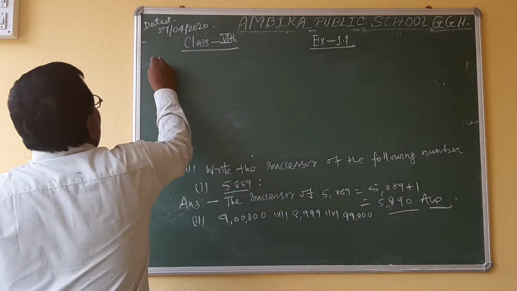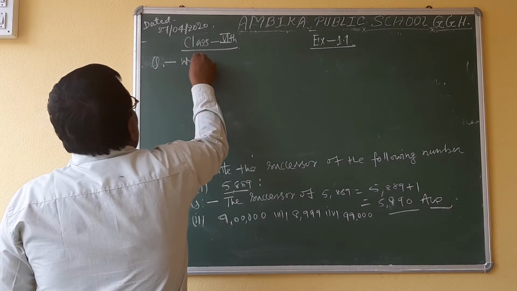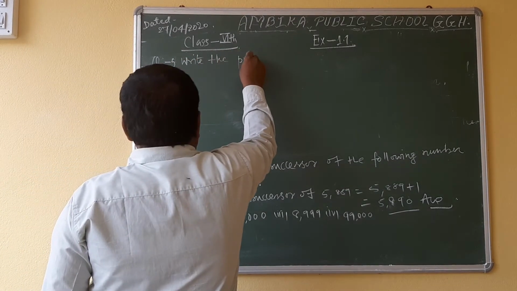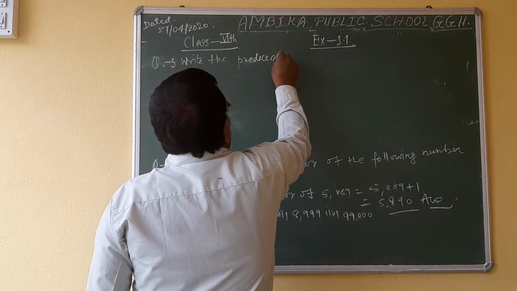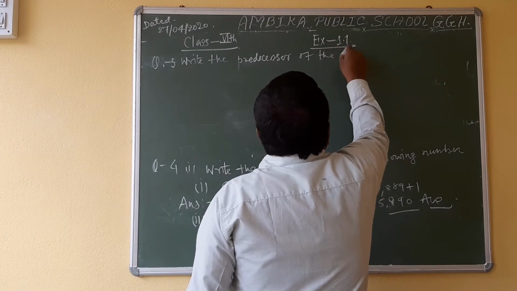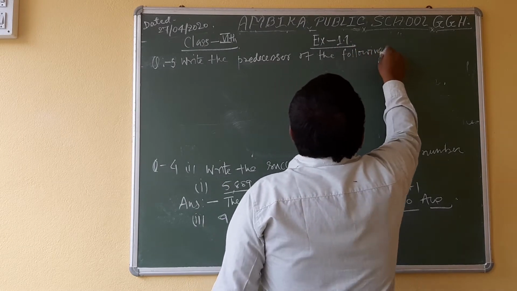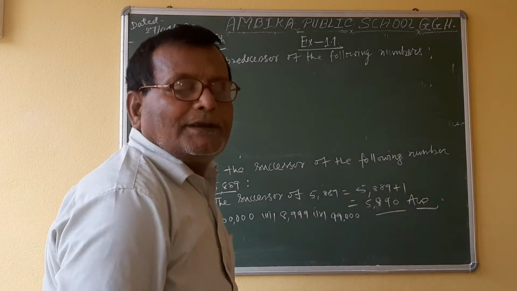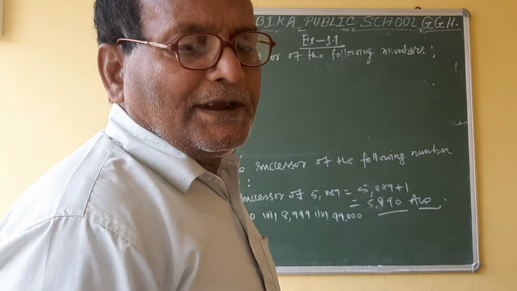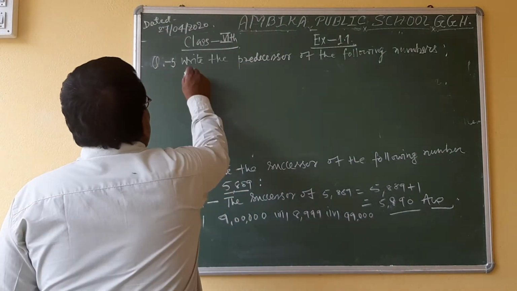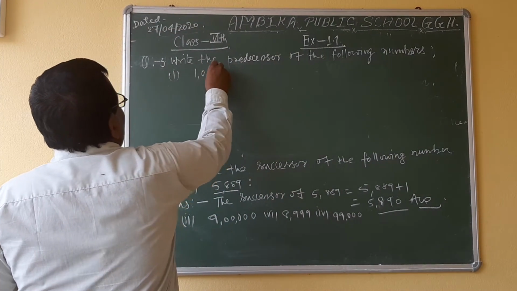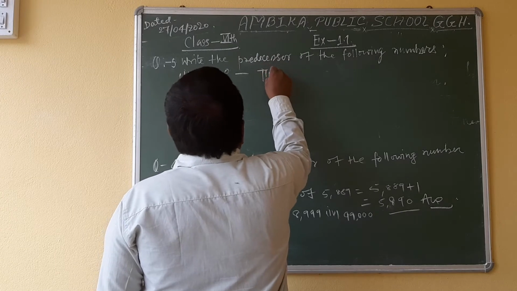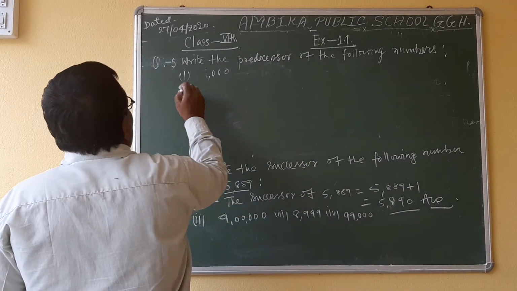Question number 5.1: 1000. You will write the predecessor. Answer.